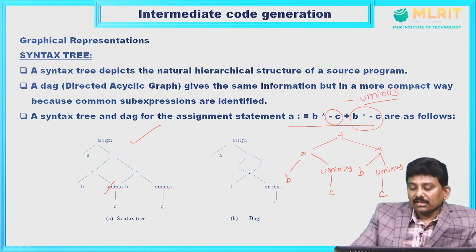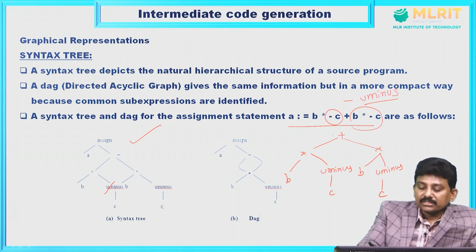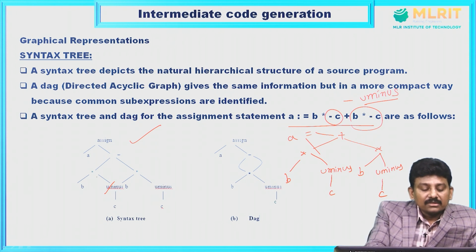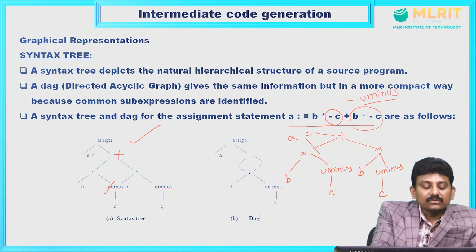The total value of this expression will be assigned to the variable identifier A. This is the assignment operator. The two products are added by using the plus operator, and the result will be assigned to identifier A.